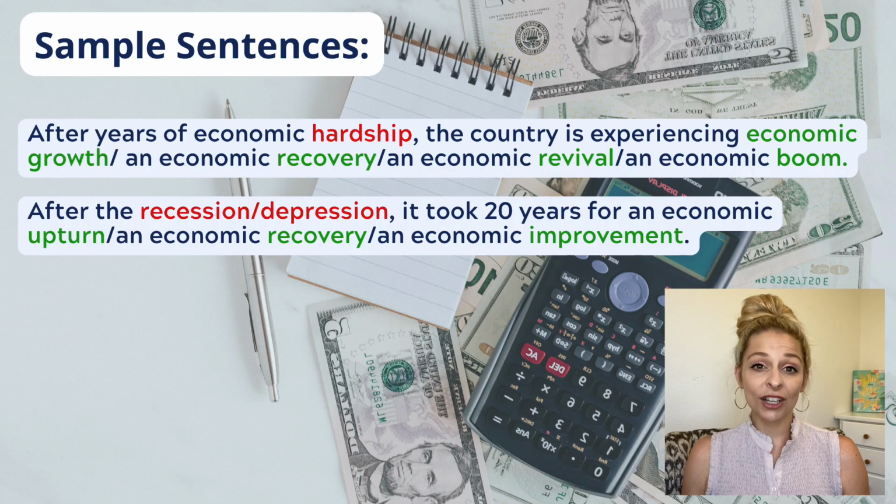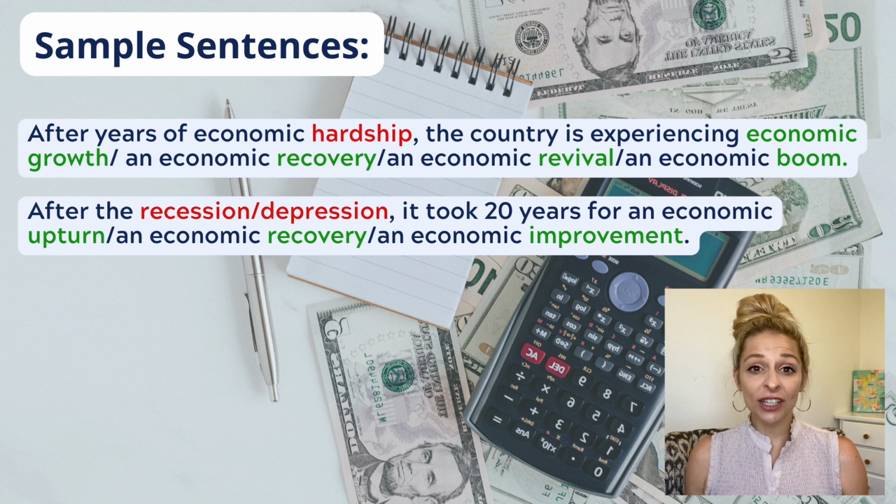Economic reform. Okay, since all of these words are so similar, I didn't want to give an example for every one, but here are a few sample sentences which can use a variety of these collocations. After years of economic hardship, the country is experiencing economic growth, an economic recovery, an economic revival, or an economic boom.